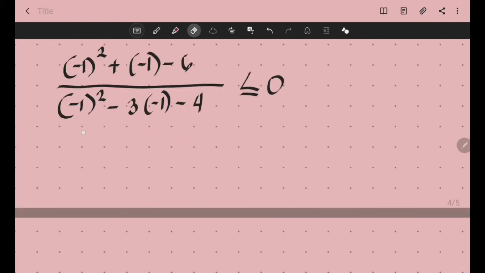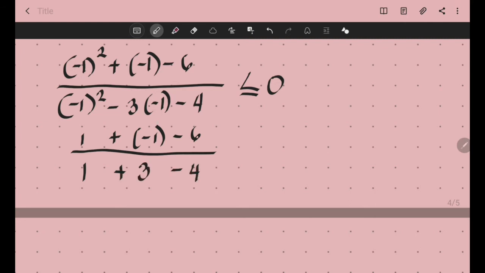So let us perform the operation. Negative 1 squared is 1 plus negative 1 minus 6 all over negative 1 squared is 1. Negative 3 multiplied by negative 1 is positive 3 minus 4. Is it less than or equal to 0? So 1 plus negative 1 is 0.